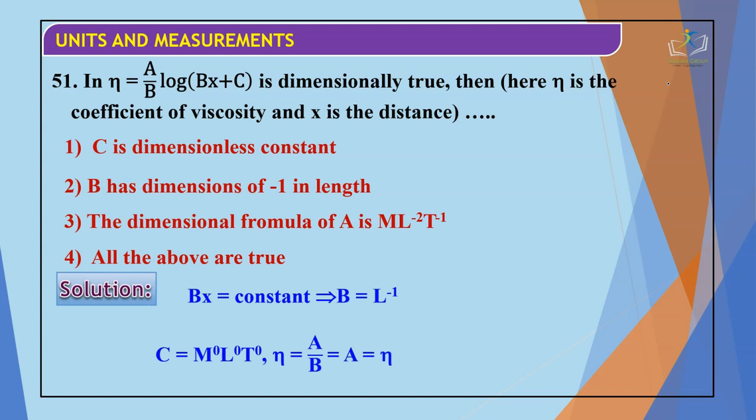So from here we can already calculate that b is M minus 1 L minus 2 T minus 1. According to this, all options are correct. C is firstly a constant and b has dimensions of inverse length, as you can see, and the dimensional formula for a that we receive is M L minus 2 T minus 1. So all these are correct answers.